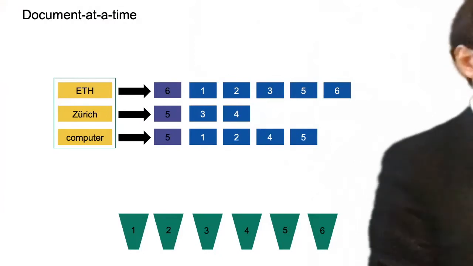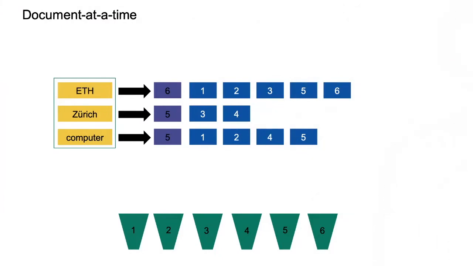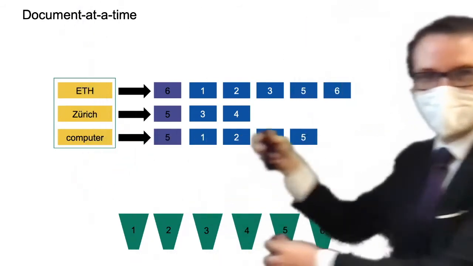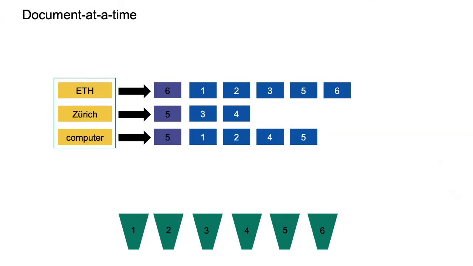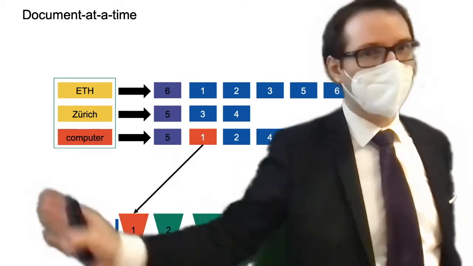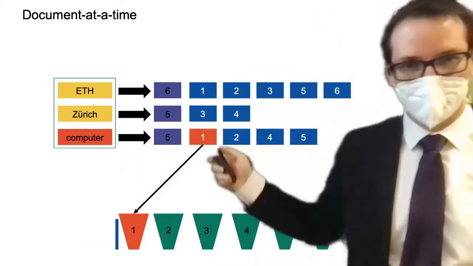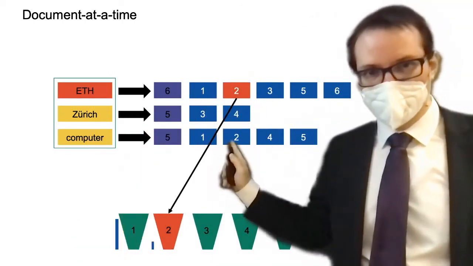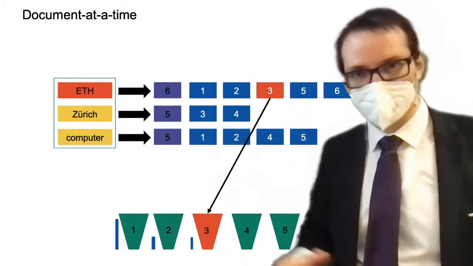All right. So let's do the same thing, but document at a time. So document at a time just means we concurrently visit the list, starting here, and we just go left to right. So it means we start with document 1 and we accumulate all of the document 1s. And in fact, now we are done with document 1. We already know the score because nothing else will come anymore because document 1 is done. Now document 2 here, and we are done with document 2.